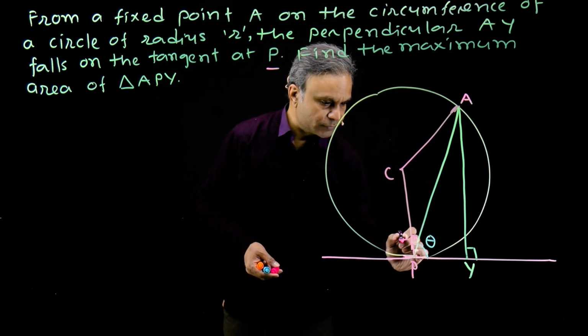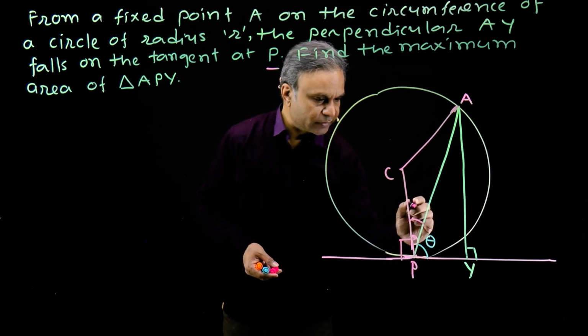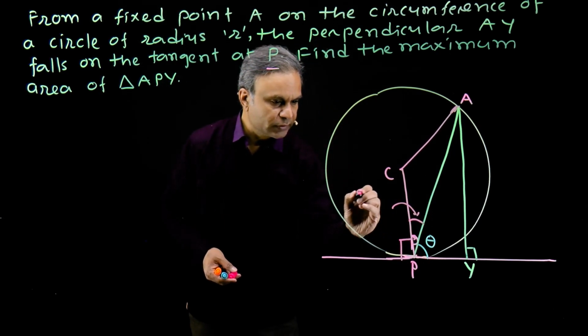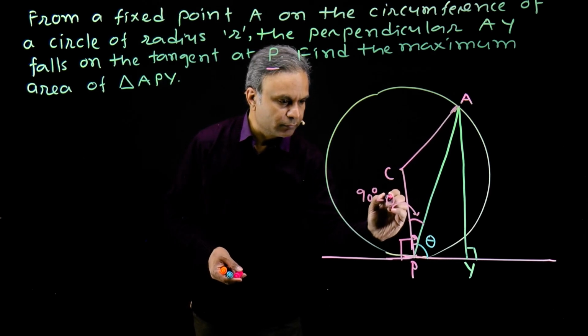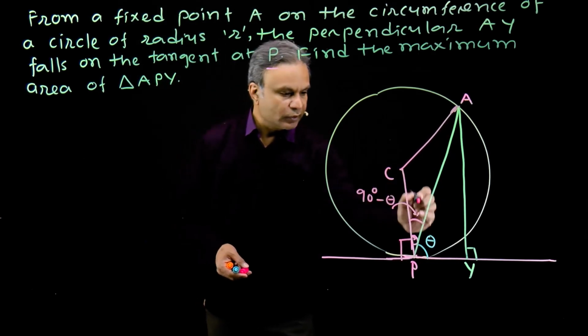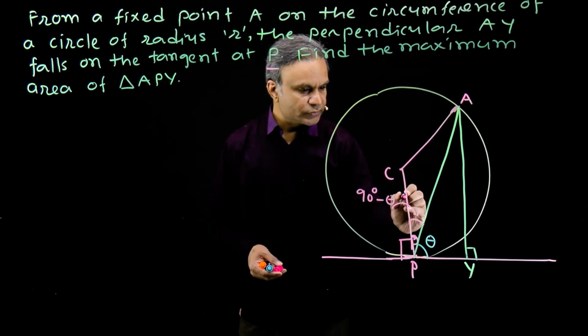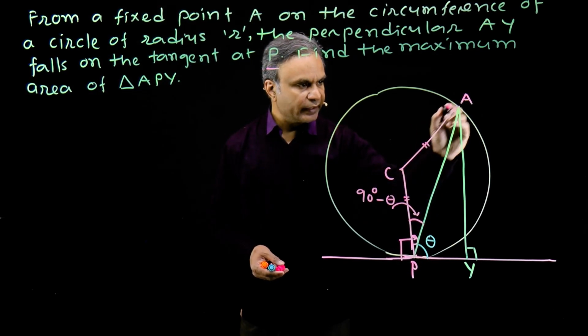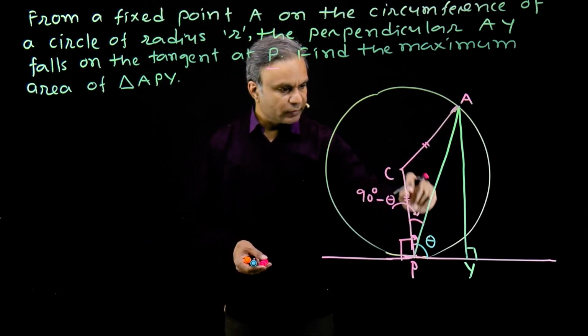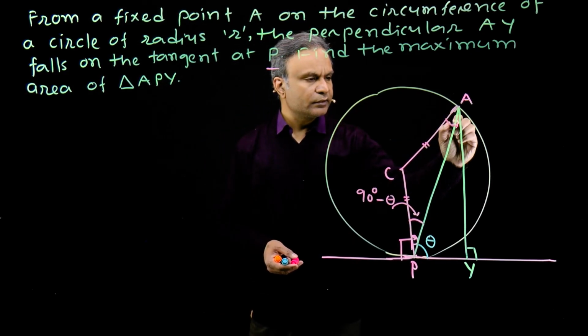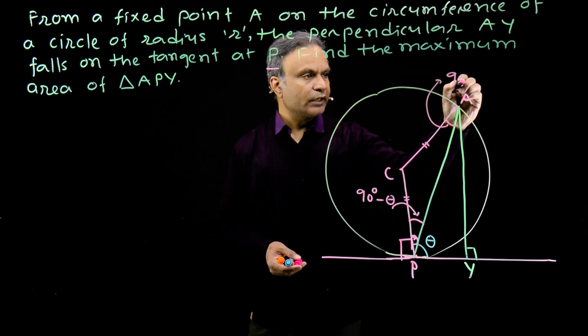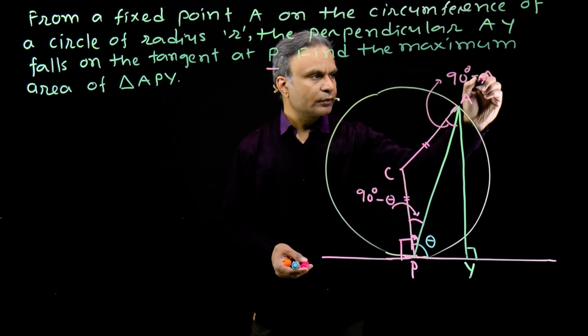This angle is 90. So this angle will be 90 minus theta. Now this is an isosceles triangle, triangle PCA, because CP and CA are radii. So this triangle will be isosceles. So this angle is also 90 minus theta.